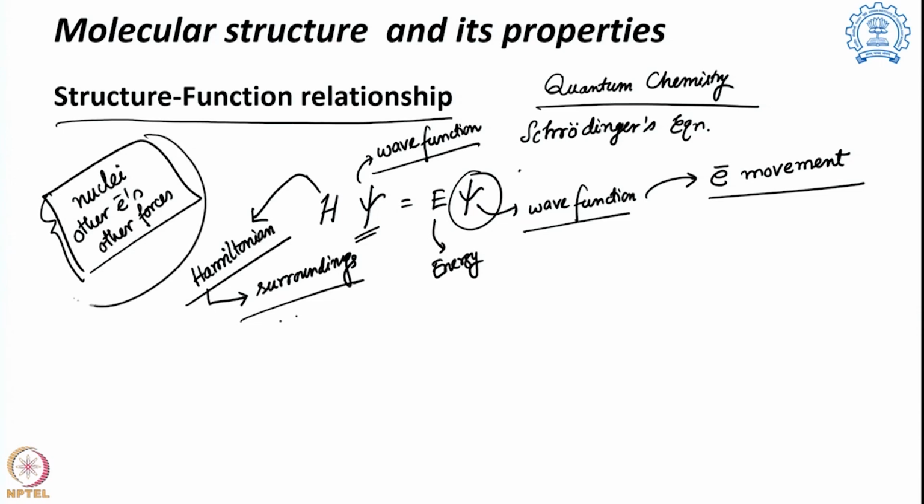And if I can define the presence of nuclei, other electrons or other forces around this system of the electron, this is nothing but the Hamiltonian that you have written over there. So, this Hamiltonian operator defines how my electron is surrounded by different factors which can control the movement of the electron.